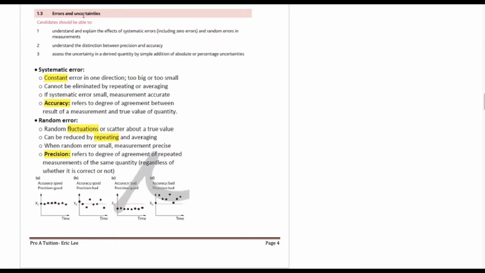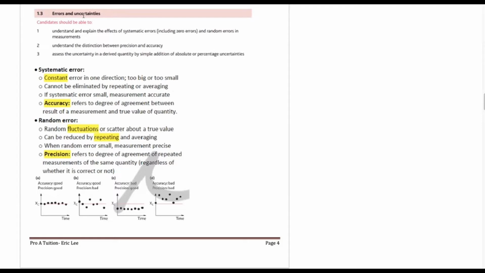So let's say your weighing machine: you are not measuring any weight, any mass, or any object, but it's supposed to show 0 kg, for example, but at the end it shows 0.1 kg. Whenever you turn it on, it shows 0.1 kg. So that is a systematic error where it shows a value that is always bigger than 0. Always too small can be a negative value.